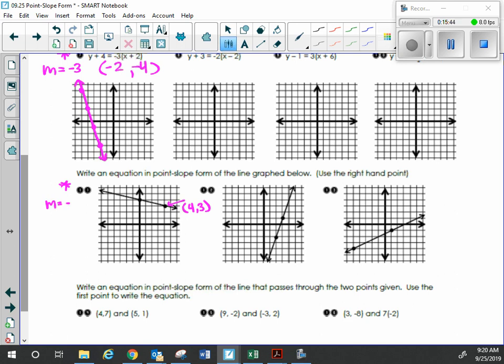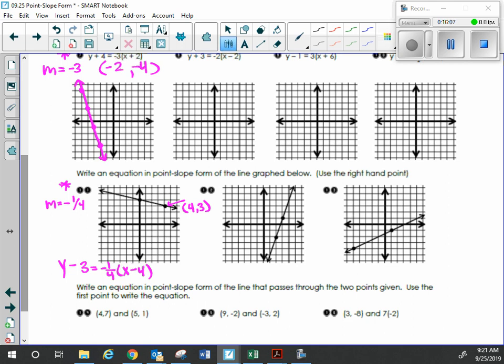Negative 1/4. So now I have enough to write my point-slope form. It would be y minus 3 equals what? Negative 1/4 times x minus 4. Okay?